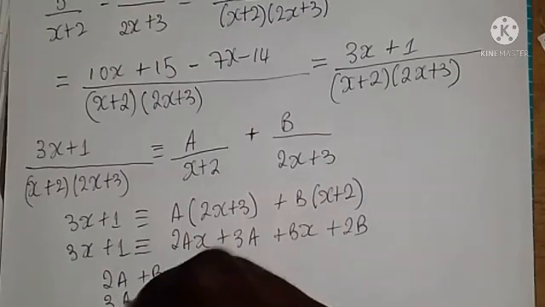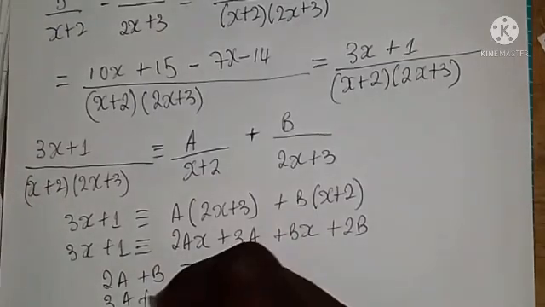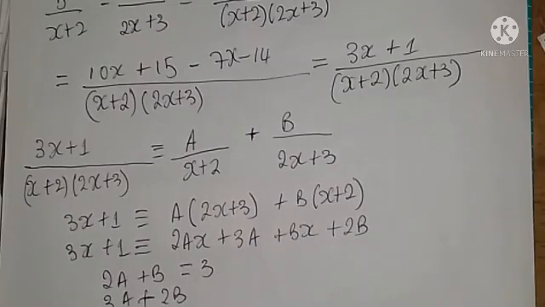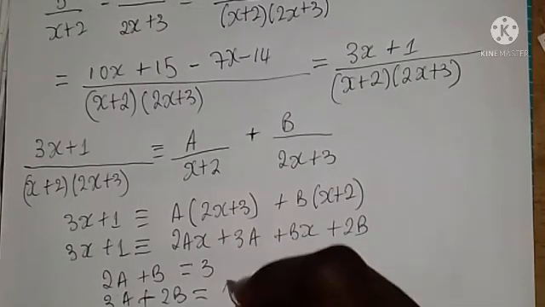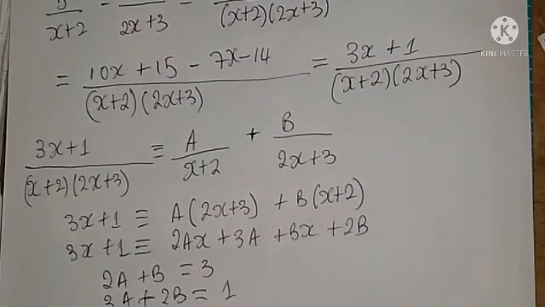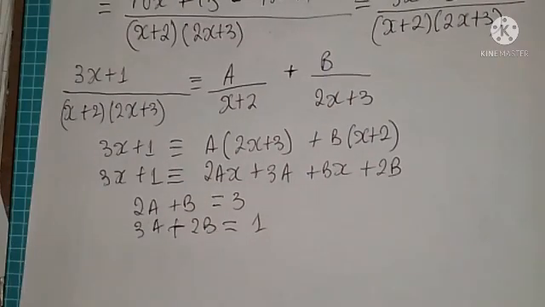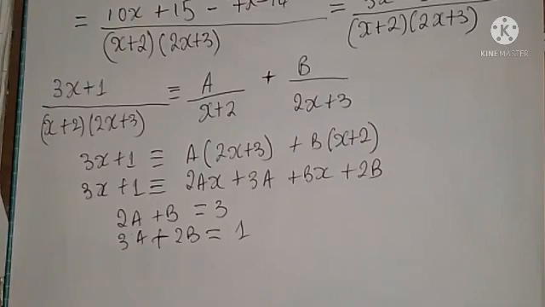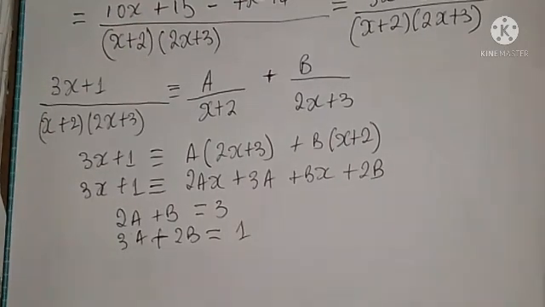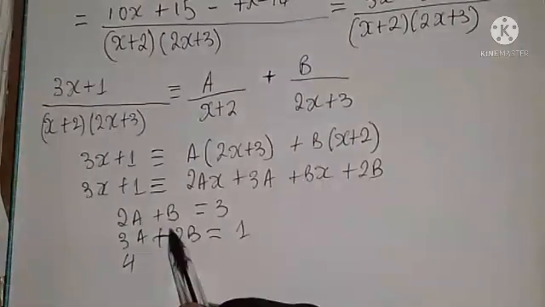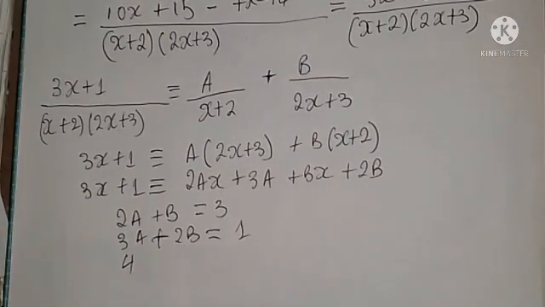Then 3A plus 2B equal to 1. The best way to solve this will be by multiplying one equation in a way that we can easily eliminate it. So we're going to solve this by elimination method. Now, I will choose to eliminate B first, so I will have to multiply this equation by 2, and then I will subtract.